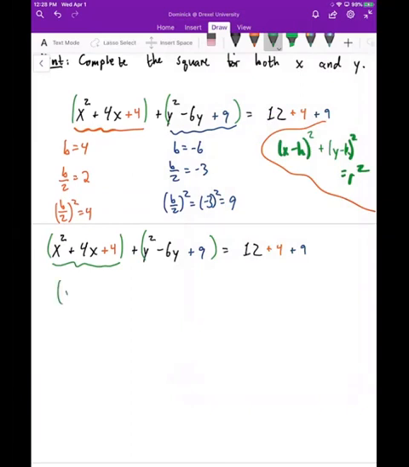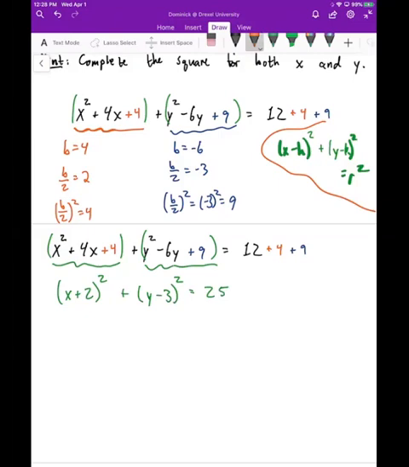So this is going to be x plus 2 squared. And this part is going to factor as y plus b over 2 squared. And since this is y plus a -3, we'll just say this is y minus 3 squared. And then, of course, that right side will be 12 plus 4 plus 9. And if we add them all, we'll get 25.